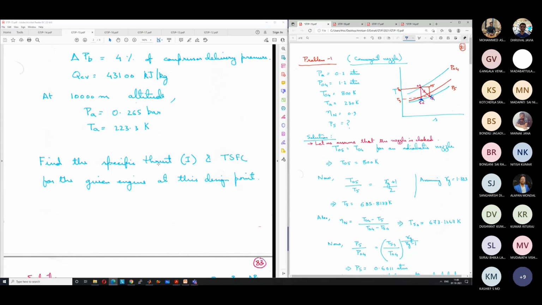I do not want you to look at this just like a numerical problem, but as if it is a design problem, as if the designer is designing an engine with these conditions in mind and trying to calculate these values. Because all these are practical values and this is how it can be done. Obviously, nowadays you will be doing this on a computer.